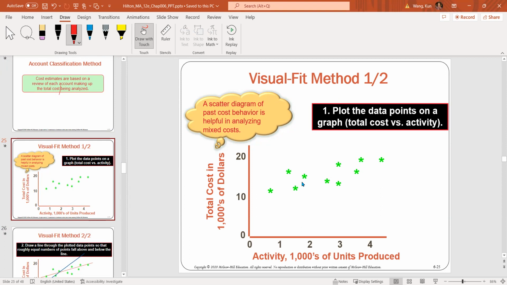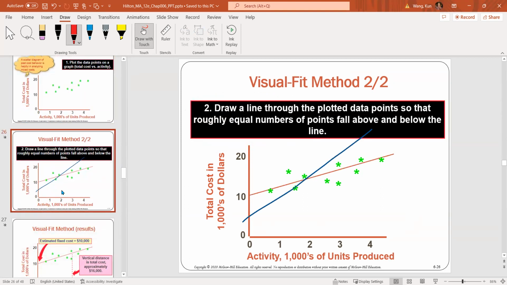You have the distribution of the data points, and we simulate using Excel or other tools, or you can even visually fit a linear line. But this one really varies. Different people can generate totally different lines.